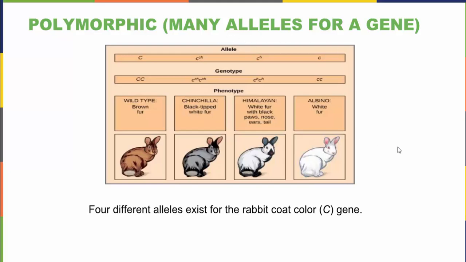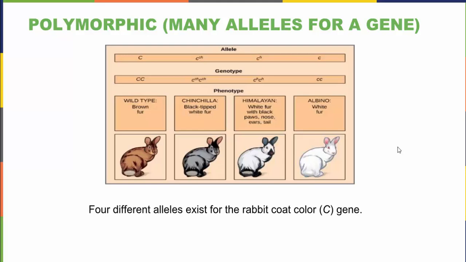Sometimes we talk about foot size, and we say that you could have big feet or you could have small feet, and we pretend that those are the only two options. But in reality, there's many things that are going to play into foot size, but let's say that there's big foot and slightly less big foot and medium foot and slightly smaller and smallest foot and teeniest foot, all these different alleles for foot size.